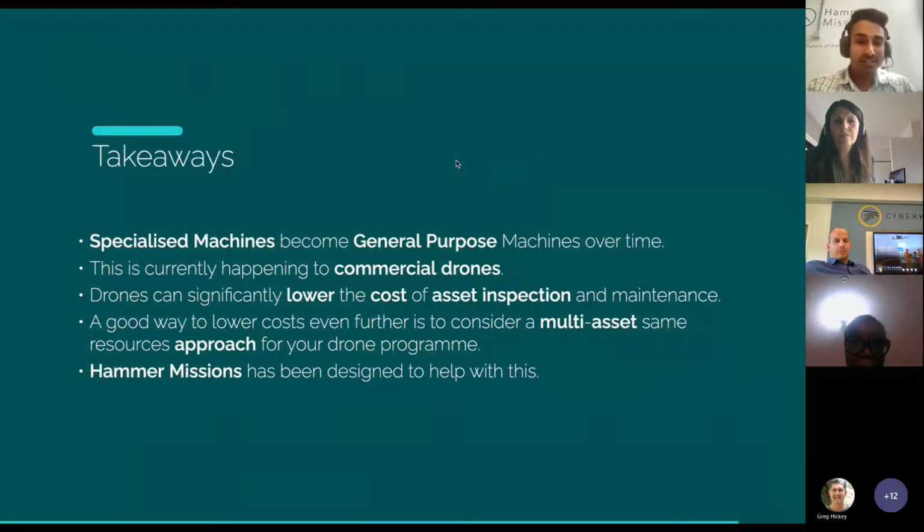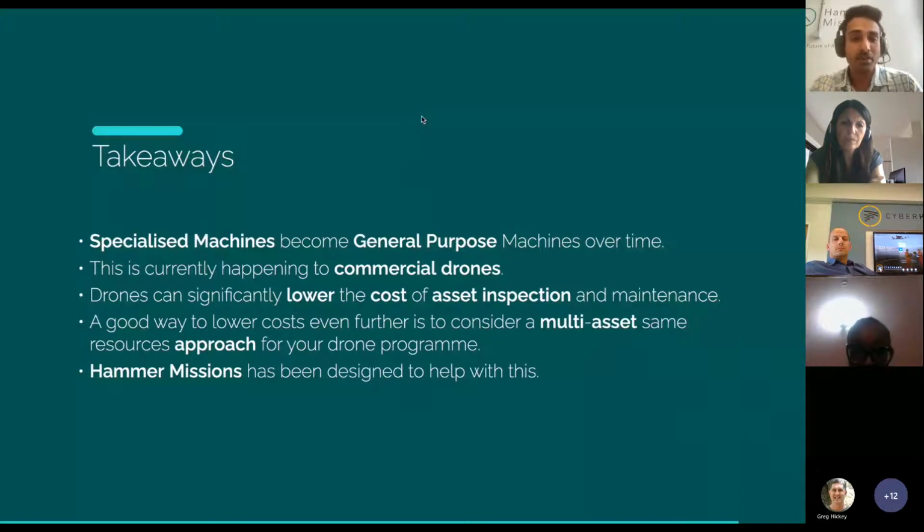So, key takeaways from this presentation. I think that specialized machines become general purpose machines over time. And as a business that is looking at drones, it's important to consider that when you think of your drone strategy. This is currently happening to commercial drones, and drones overall do lower the cost of asset inspection and maintenance.